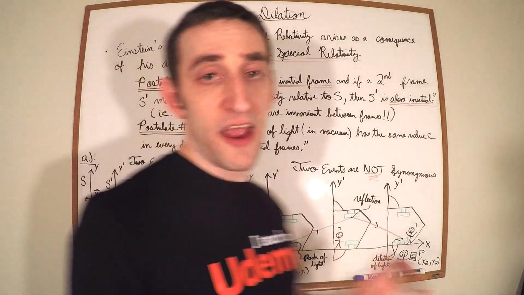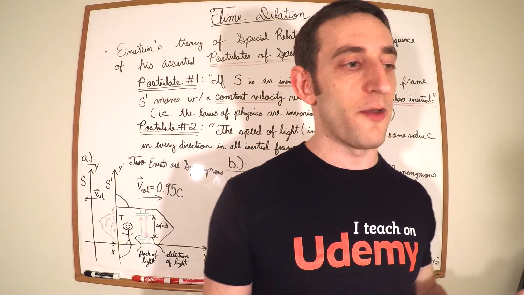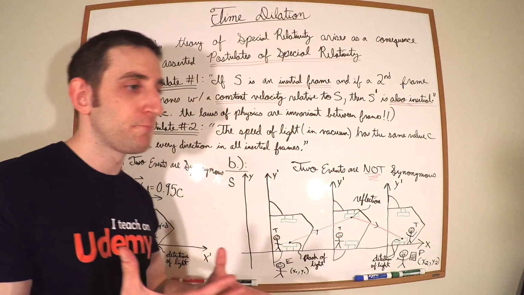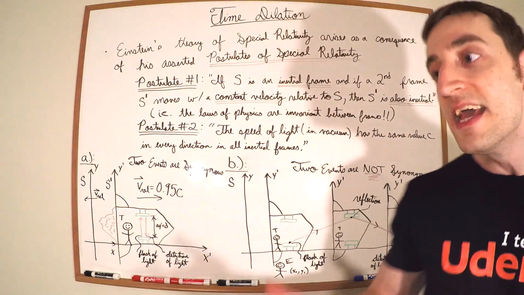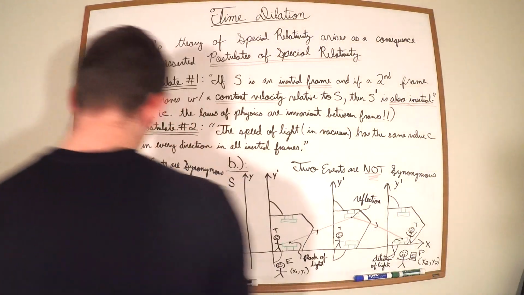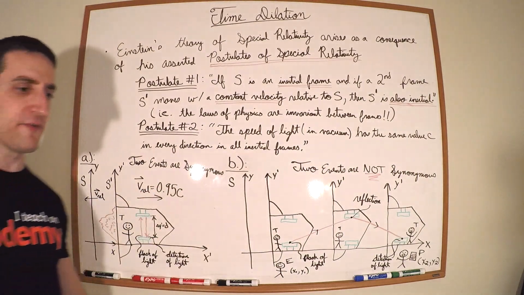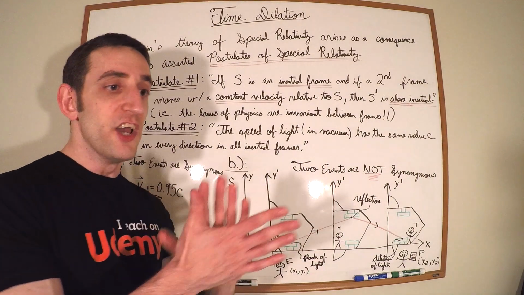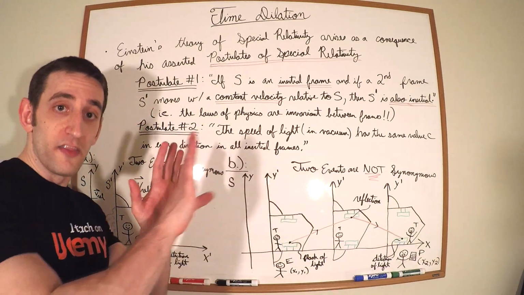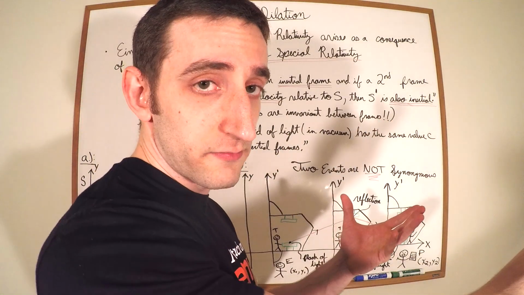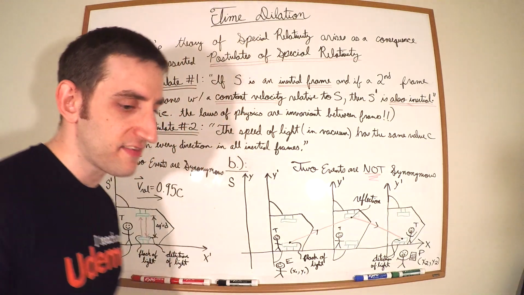After the experiment with Terence and Philip, they were crushed. They were like, what the hell is going on? We had discovered this nice transformation, this Galilean transformation. It dictates that if we shoot a laser in a moving reference frame, the person who is stationary should observe that the velocity of that light is the velocity of the spaceship plus the velocity of the light. But that was not the case.